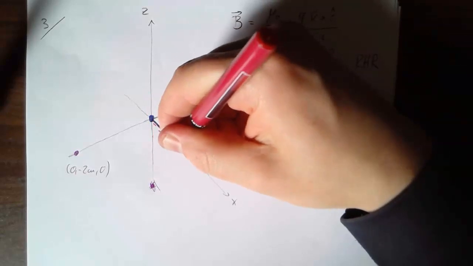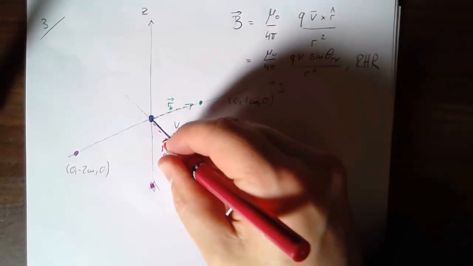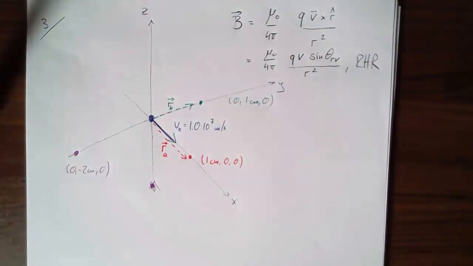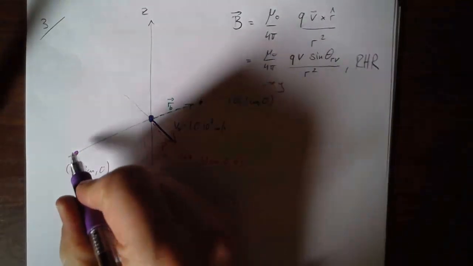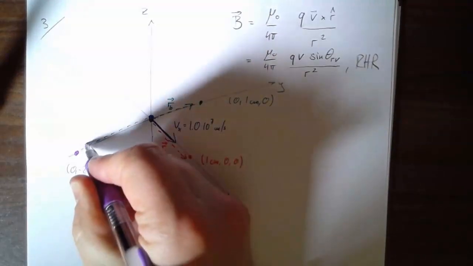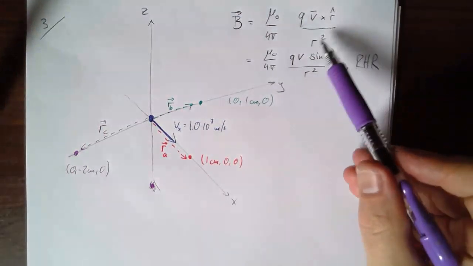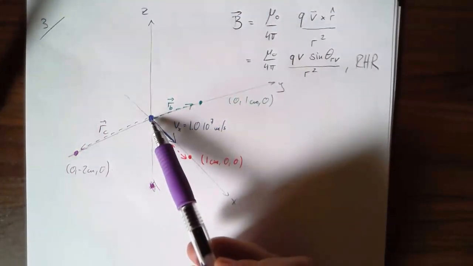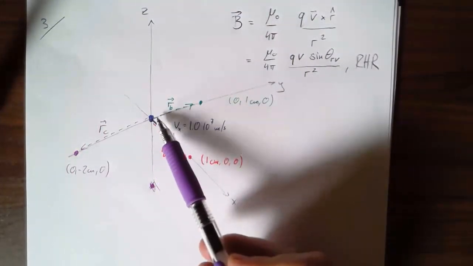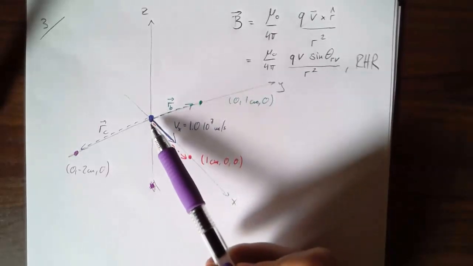So this is my first vector, r_a. And then this one here is going to be the third part of the question, r_c. So the r that appears up here is that vector that connects the position of the point where you want to find a field relative to the charge.